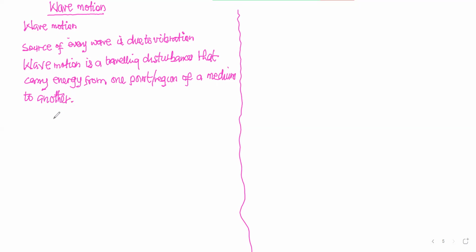So a traveling disturbance that carries energy from one point or one region of a medium to another. This is the definition of wave motion. Class, are you with me?